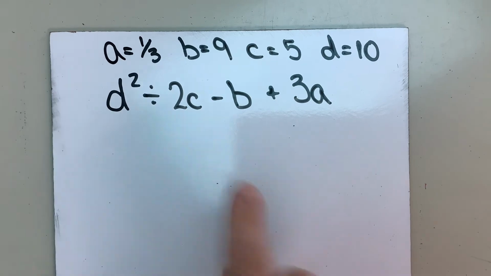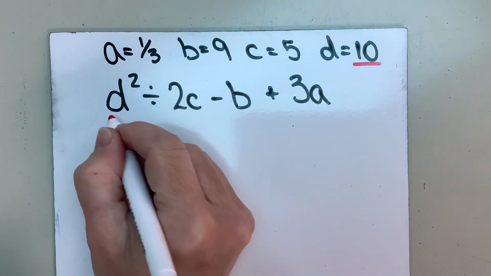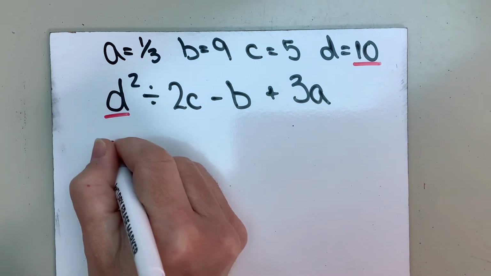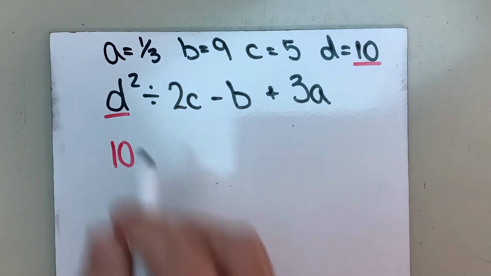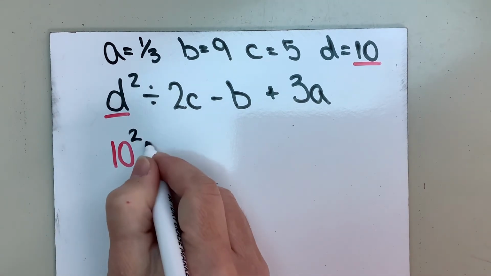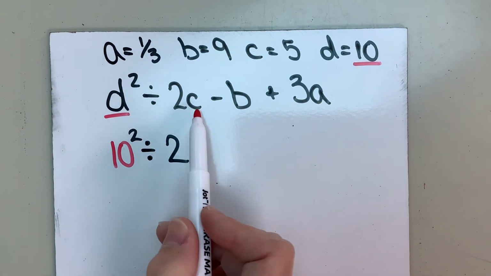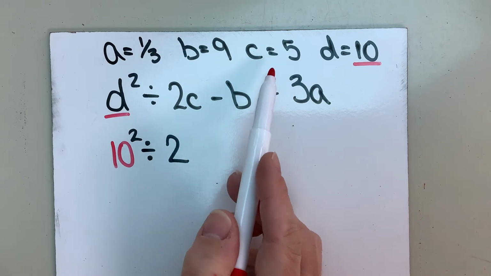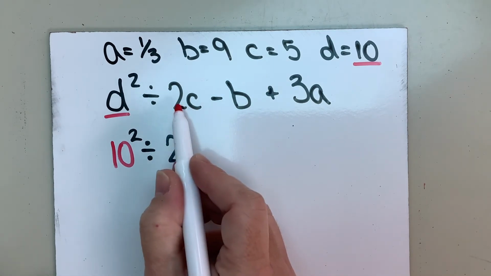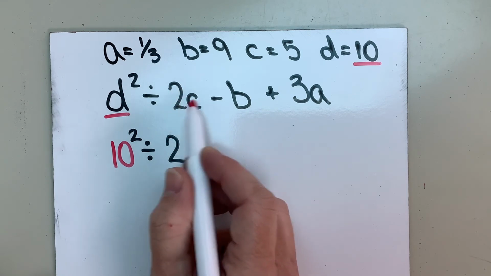So, in place of the D, I am now going to put this 10 in place of the D. So now I have 10 squared. Okay. I'm going to keep the dividing sign. I'm going to keep the 2, but in place of the C, I'm going to put in 5. Now again, whenever you have a number in front of a variable, this is a coefficient, this means these are going to be multiplied.